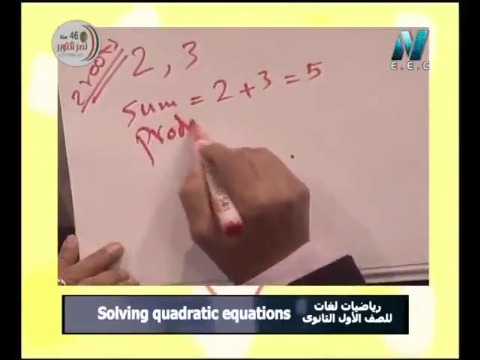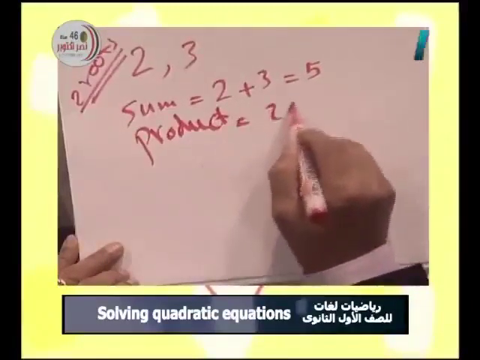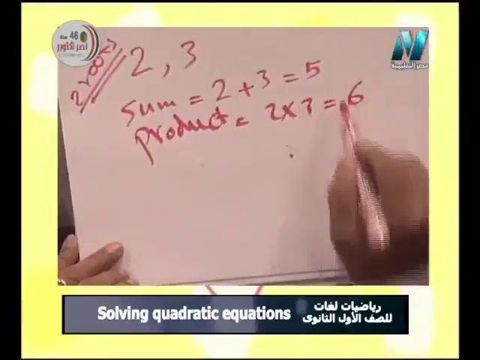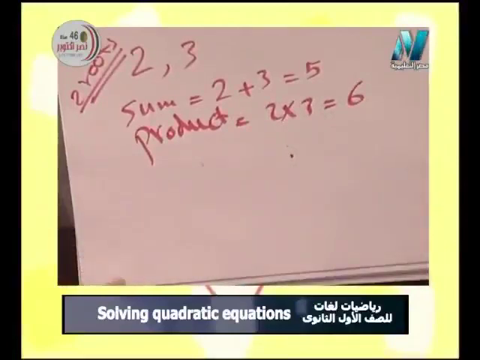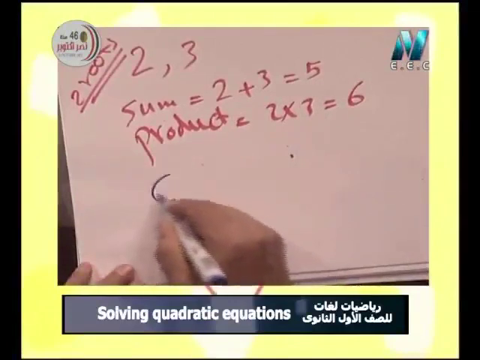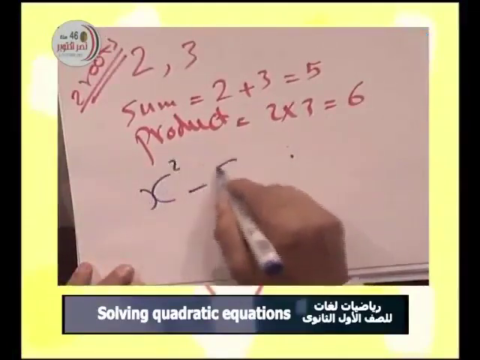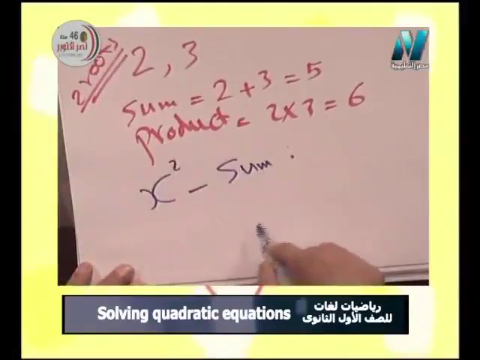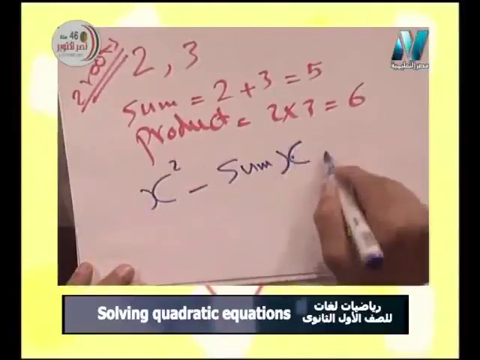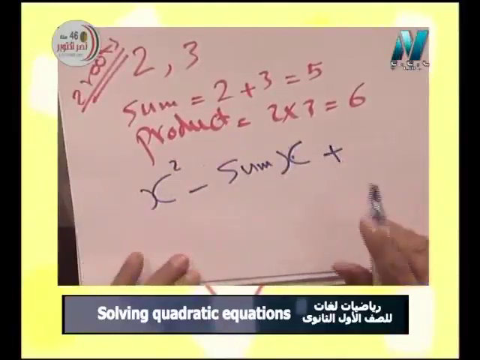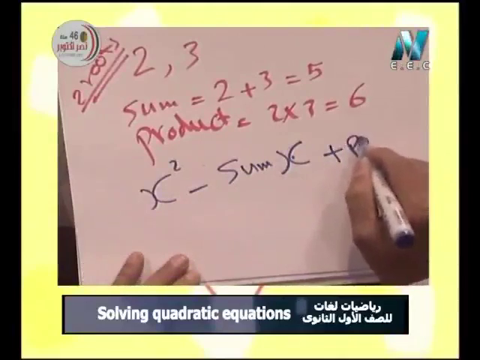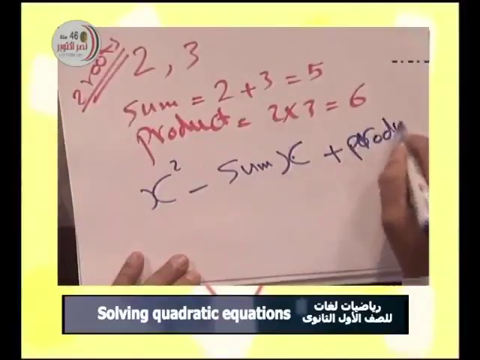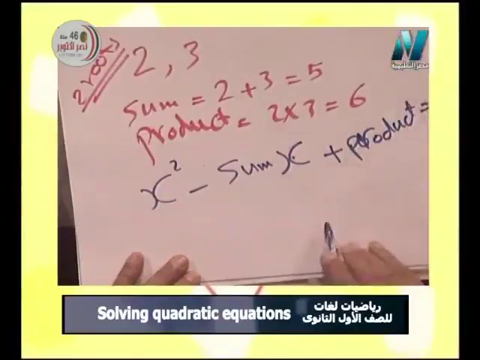The product equals 2 multiplied by 3 equals 6. And try to apply this formula. The formula will be x power 2 minus the sum of the two roots multiplied by x plus the product of the two roots equals 0.